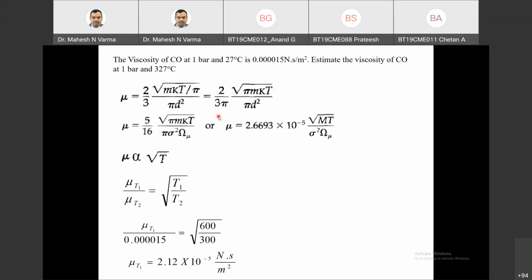They had asked for the expression for the force. The inner pipe was of radius small r and the outer pipe was of radius capital R, and it was for laminar flow only.